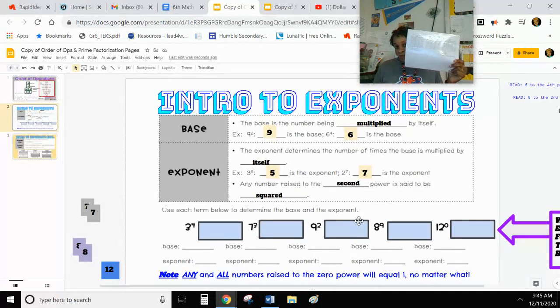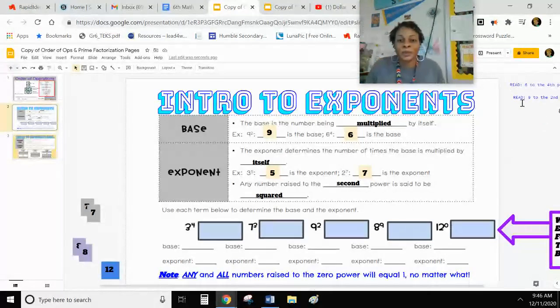So if we are raising something to the second power, think about when you build a square. If I had some blocks and I was building a square, if I had a 9 by 9, 9 is my length, 9 is my width, then that makes a perfect square. It's only 2 dimensions, but it would be 9 squared because it makes a perfect square. So anything raised to the second power is called squared.